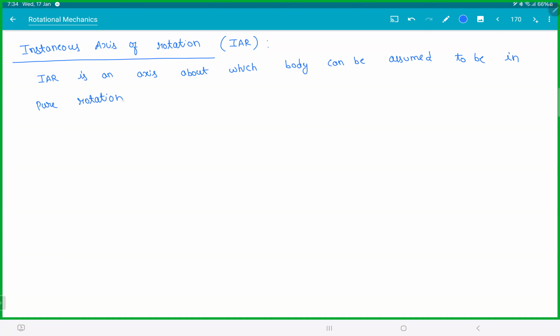So if the body is rolling or doing whatever it is, for an instant you can think it is in pure rotation. So IAR is actually pretty useful to find velocities, kinetic energy and angular momentum.